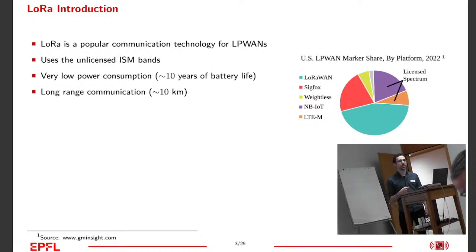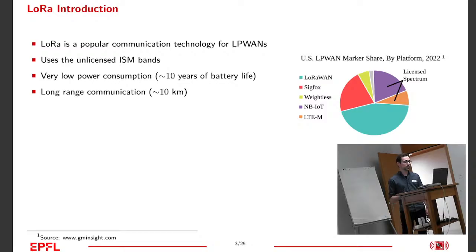It uses the unlicensed ISM band, so you don't need a license to transmit on that frequency. It's similar to Bluetooth or Wi-Fi. It has low power consumption, targeting a battery life of a decade ideally, and a communication range that reaches multiple kilometers, so those are quite high targets. So how does it try to do that?